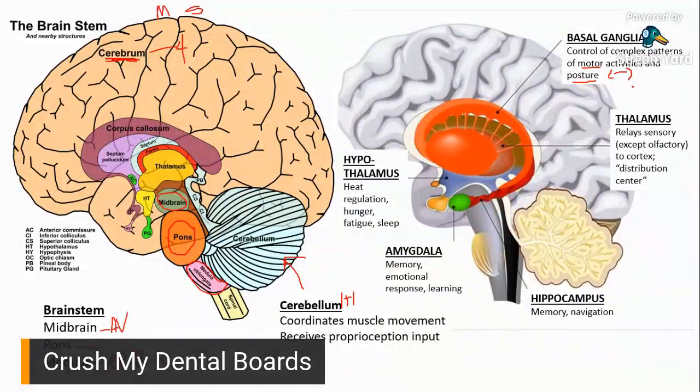So they work hand in hand to refine our movement, to maintain our posture. Okay? So, tandaan nyo lang yun. Cerebellum and basal ganglia. They work together. They do opposite things. Cerebellum excites. Basal ganglia inhibits.